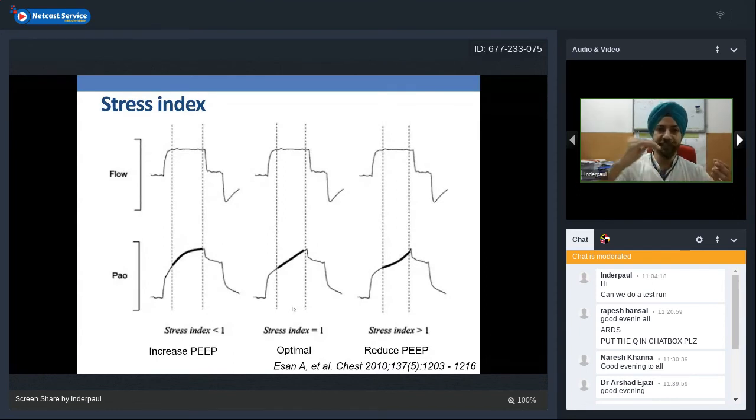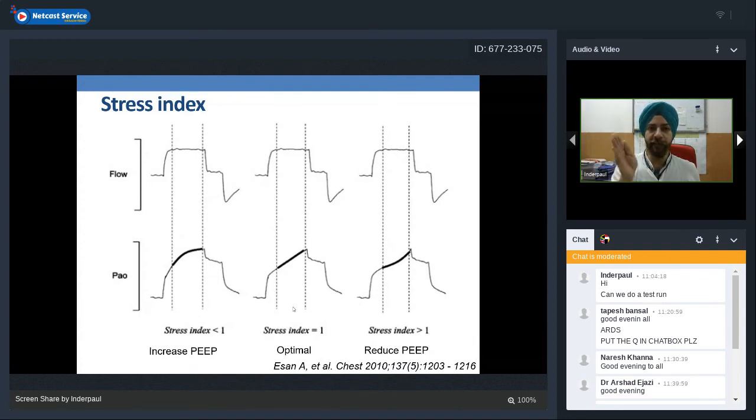Generally, on increasing the PEEP, the lung compliance will increase. All these things you can measure in your ventilator, and the plateau pressure will also increase by 1. So on increasing PEEP by 1, plateau pressure will increase by 1. On increasing PEEP by another 1, plateau pressure will increase by 1. So gradually you keep on increasing the PEEP.